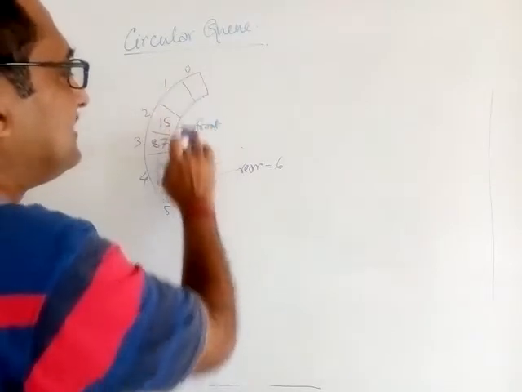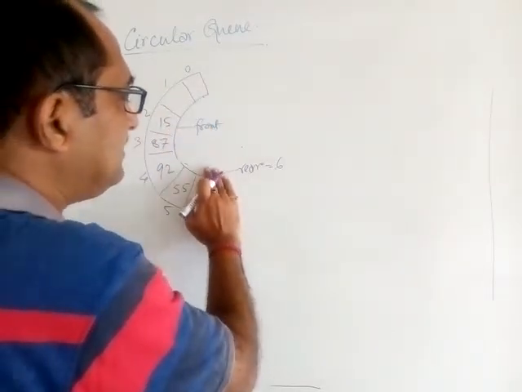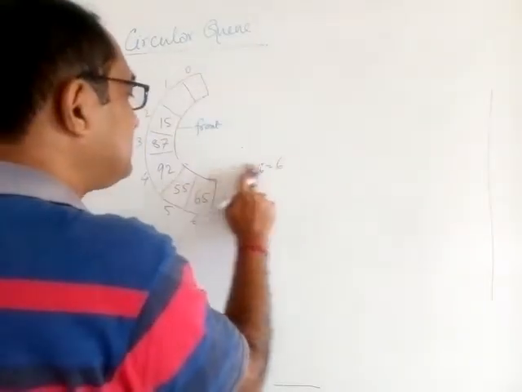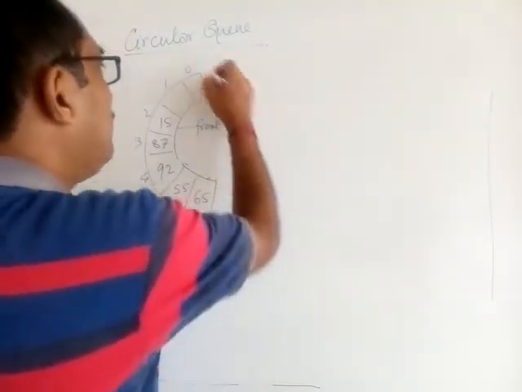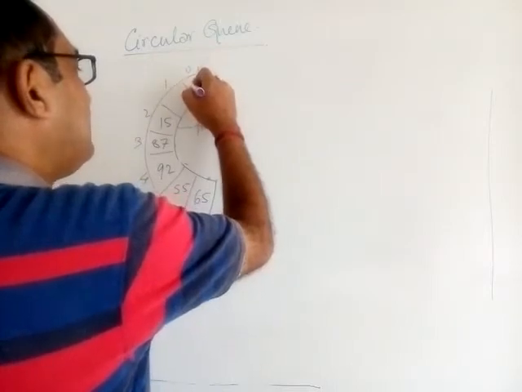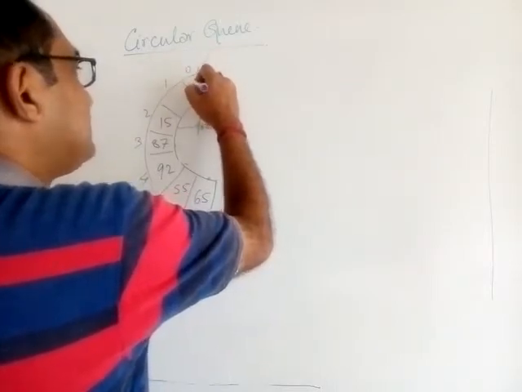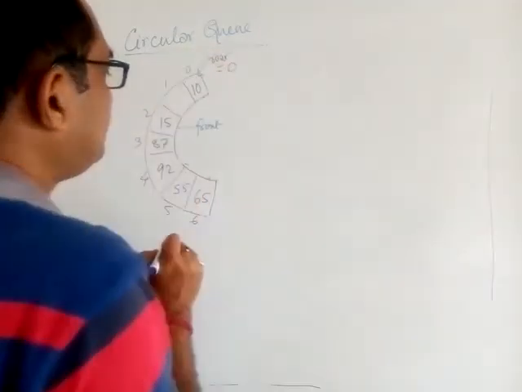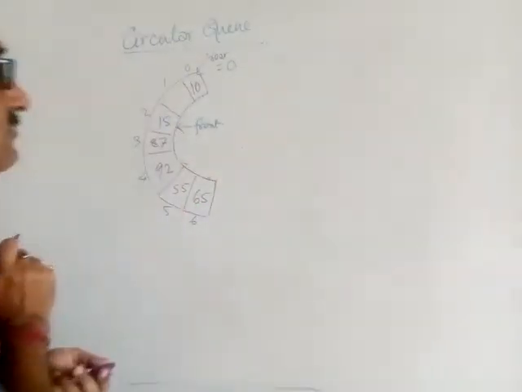Since we can see vacant cells are there, the rule is rear from the last cell will shift to the 0th cell. That means rear from here will go back there. And the new number is say 10, which was inserted. So now rear will become 0, and front will remain at 2.